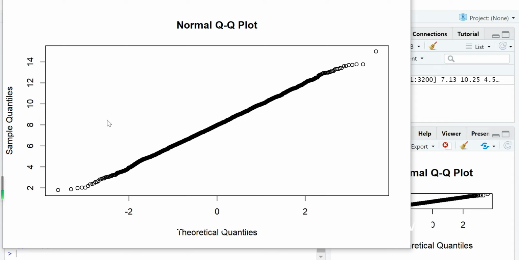From each quantile of each fraction of this value, we find the quantile value from a standard normal distribution. All the scatter points stay on a straight line, so this says the sample comes from a normal distribution.